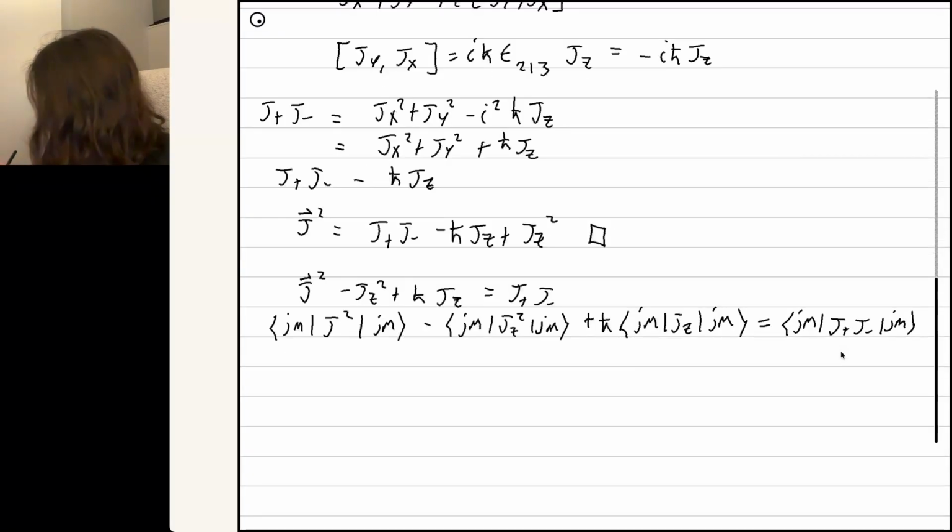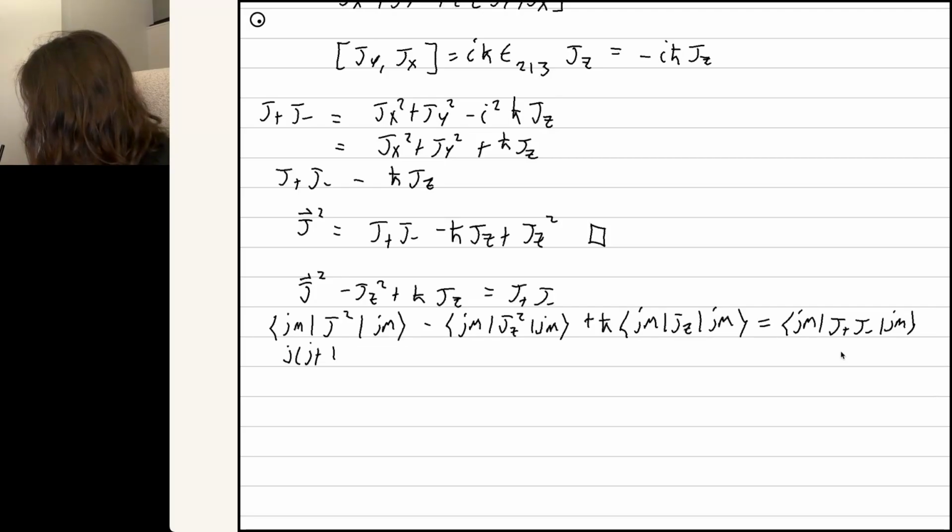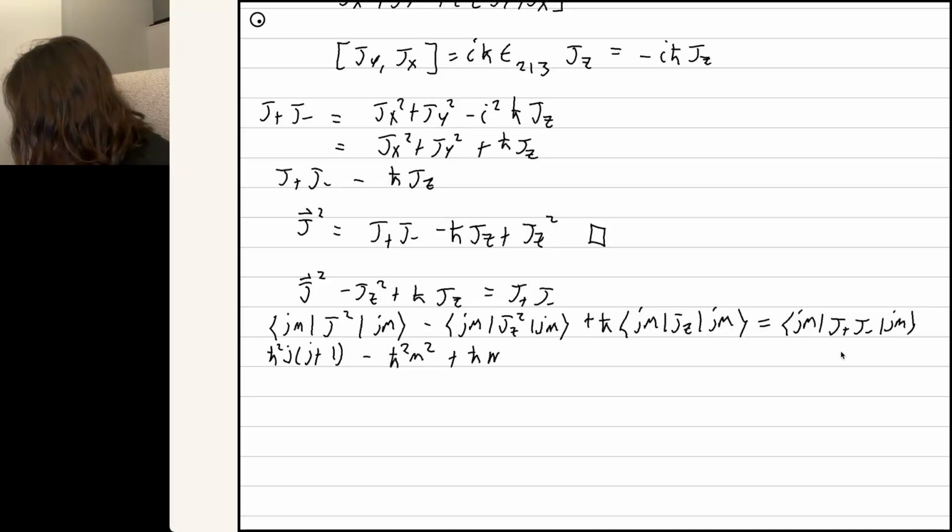So we do actually have values for each of these expectation values. So that's going to be j plus 1 h bar squared. This is going to be minus h bar squared m squared, and that's going to be h bar squared m.